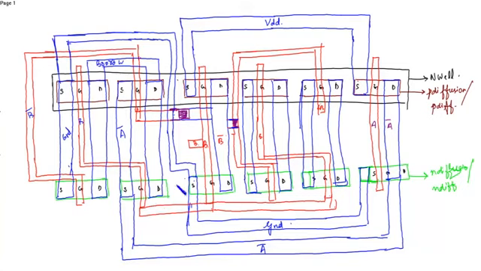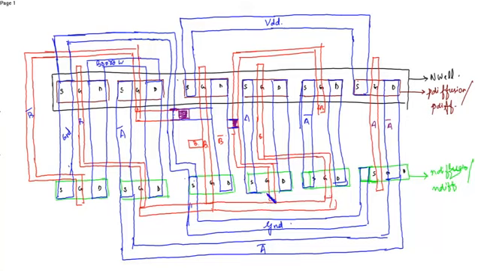Inverter was already drawn. Now the gates are connected in transmission gate 3 and 4. Next you have to connect the sources and drains. This is A and this is A bar.